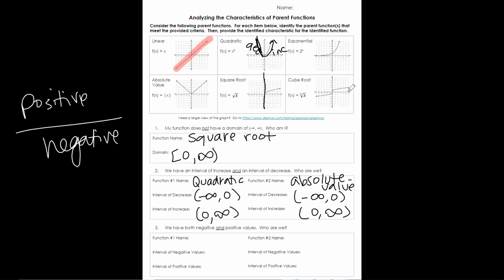Linear and cube root. So when is it below the x-axis? From negative infinity to 0. And then the positive is from 0 to positive infinity. Same thing with the cube root.